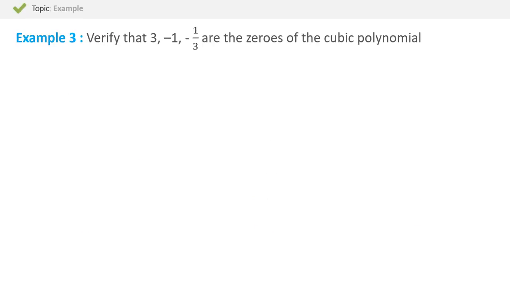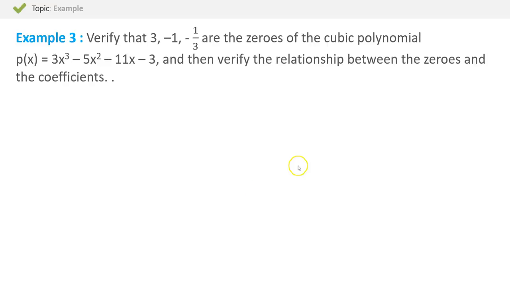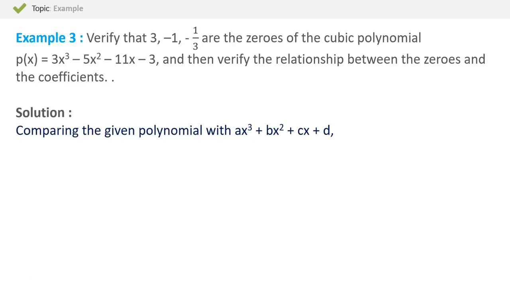Let's take another example. We want to verify 3, minus 1, and minus 1 by 3 are zeros of cubic polynomial p(x) equal to 3x cube minus 5x square minus 11x minus 3. And then verify the relationship between the zeros and the coefficients. This is a cubic polynomial, right? So let's start.